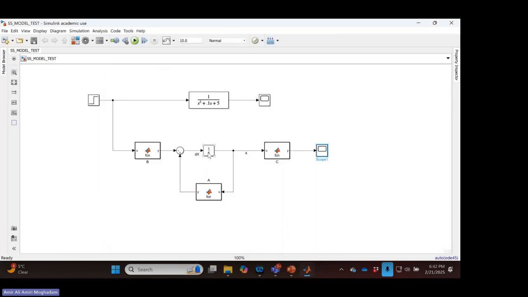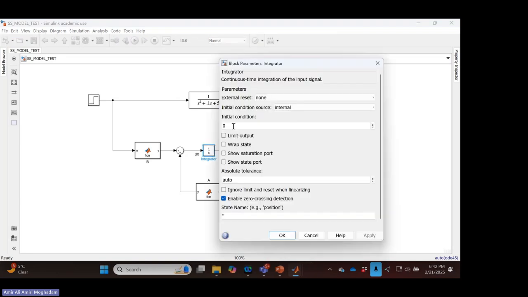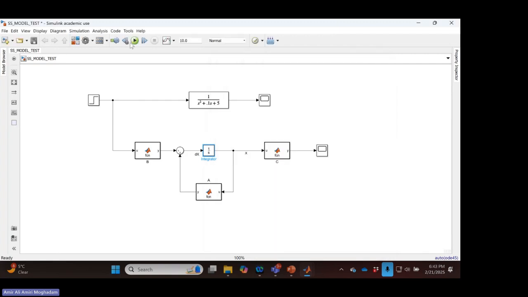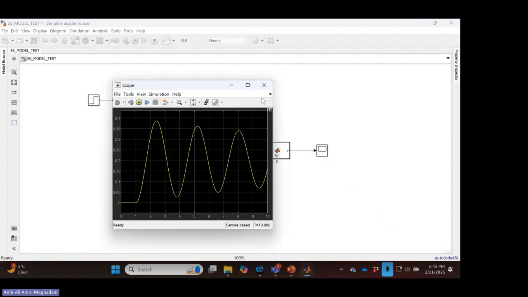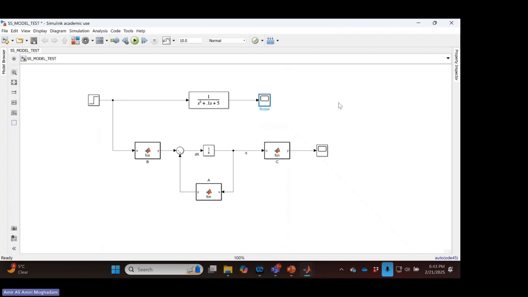One thing I forgot to mention, this integrator is where you got to define your initial condition. We have two state variables, so I'm going to put 2, 0 here. Now, if you do not update this when you add a controller, you would receive an error that says a dimension mismatch. So be careful, if it's third order or more, you're going to update this accordingly with the initial condition of your system. Let's simulate one more time. And yeah, both of them work. And these are the same.